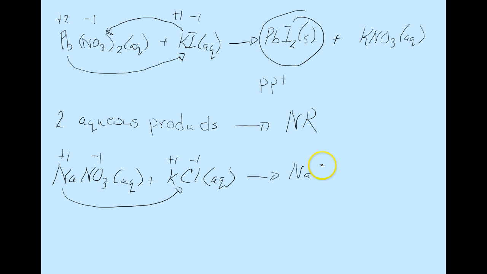We know sodium is in the initial note, so it's aqueous. Potassium is going to react with nitrate. Both potassium and nitrate are in the initial note, so it's aqueous. Two aqueous products, you have a no reaction.